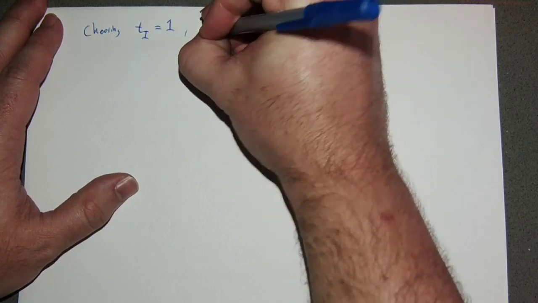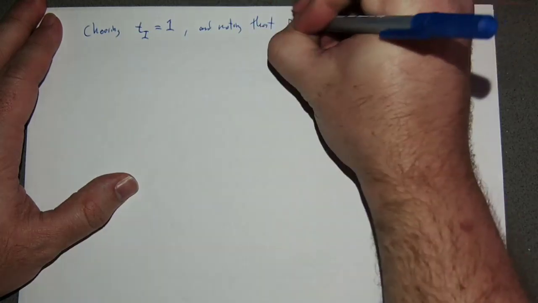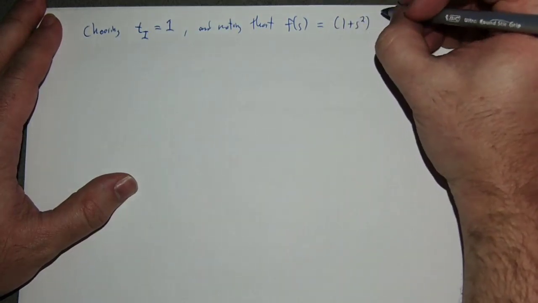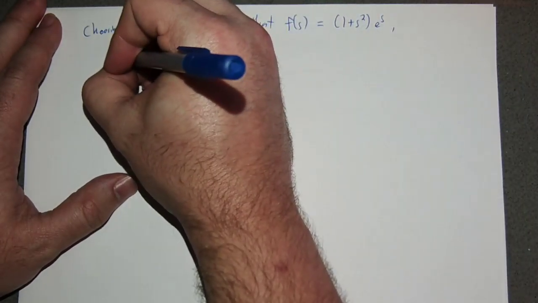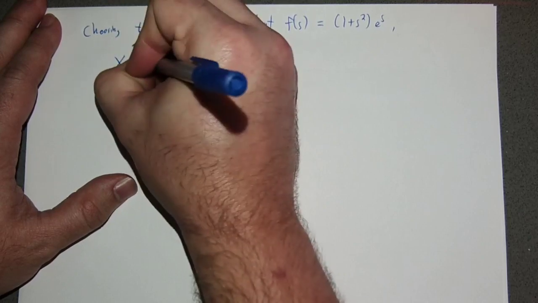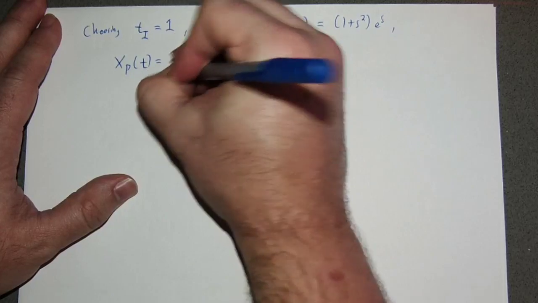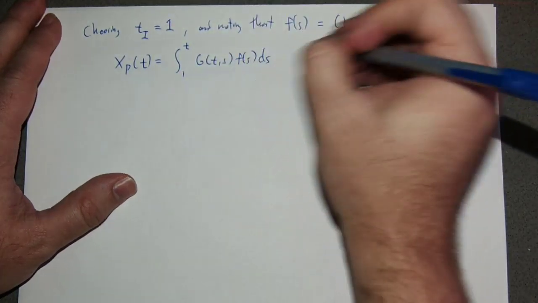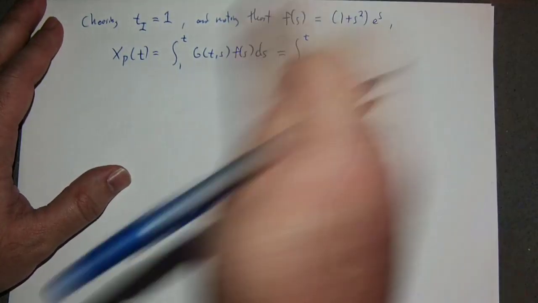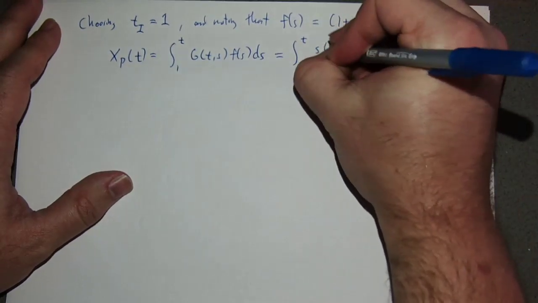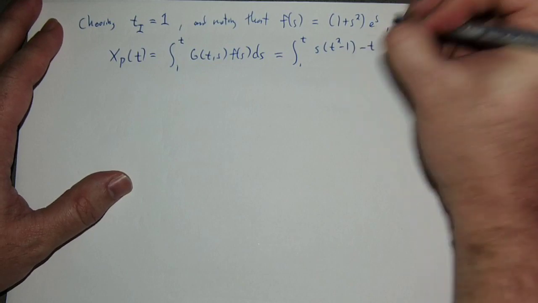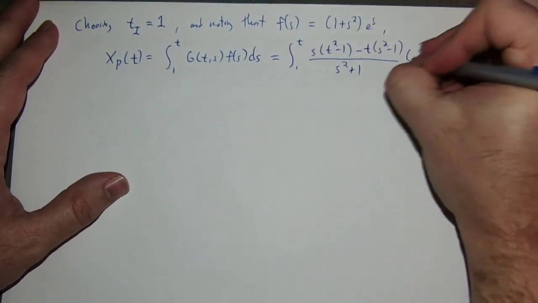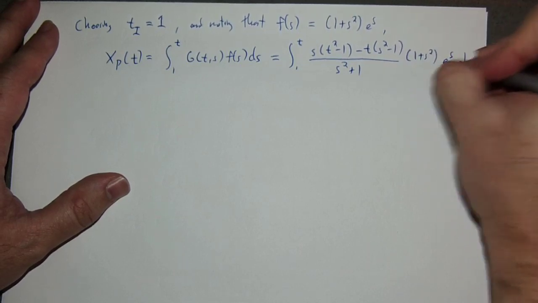Noting that my right-hand side, that forcing function, f of s, is (1 plus s squared) e to the s, then our particular solution that we're looking for, x sub p of t, is the integral from 1 to t of g of t,s times f of s ds. That's just the definition. That is the integral from 1 to t of s(t squared minus 1) minus t(s squared minus 1), all over s squared plus 1, times (1 plus s squared) e to the s ds.